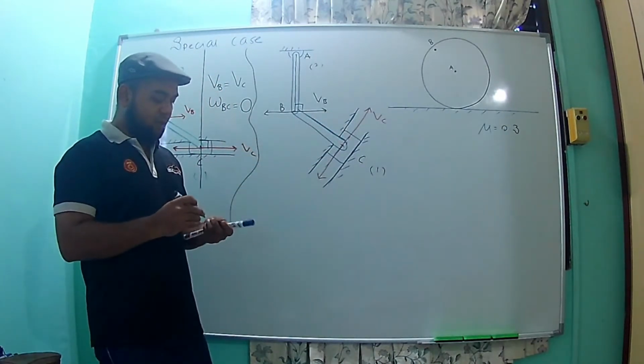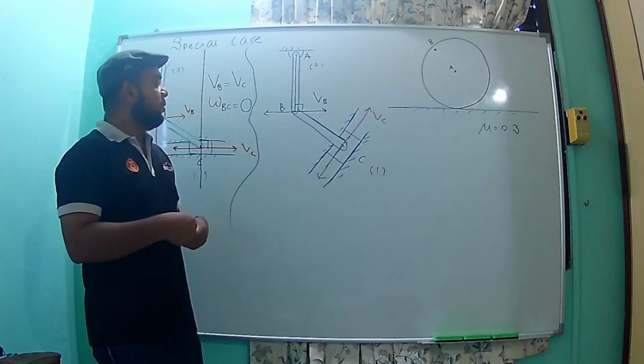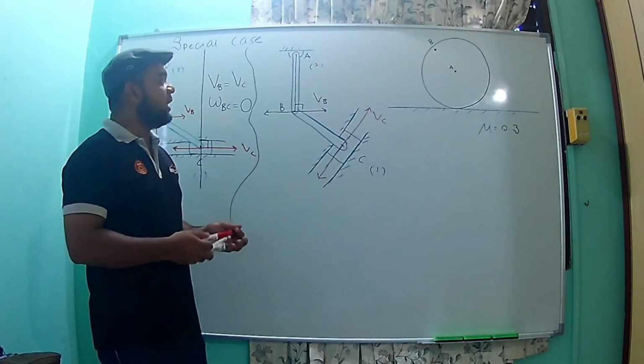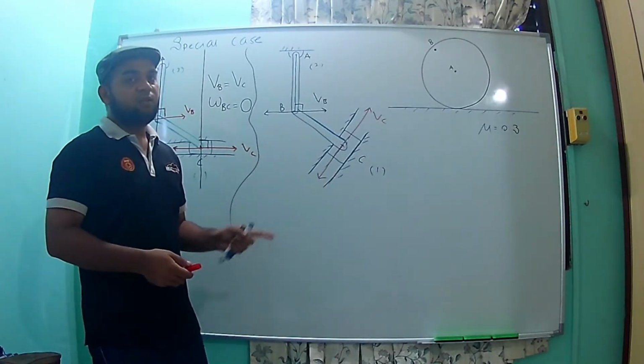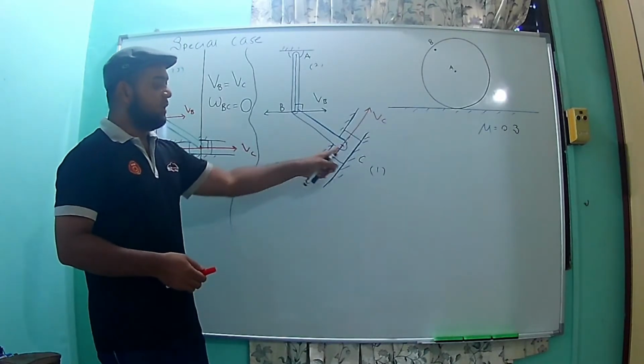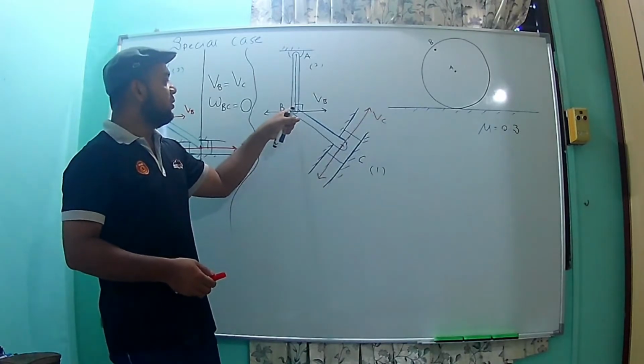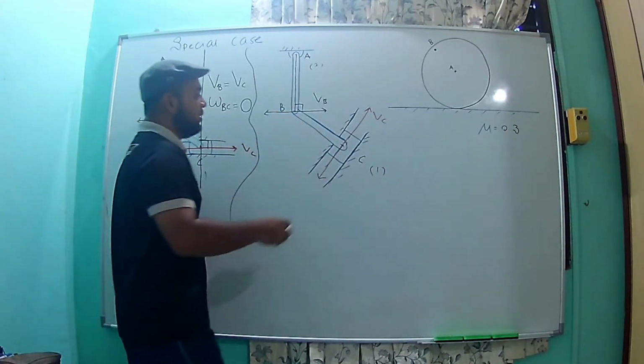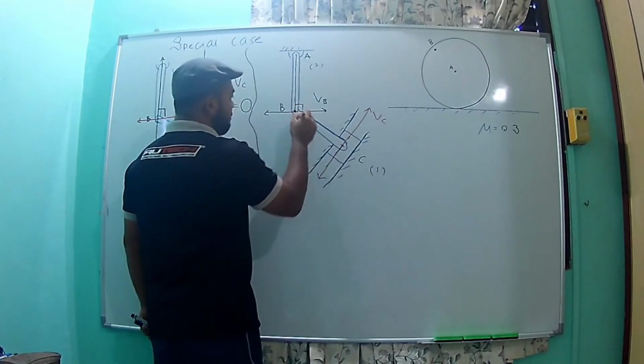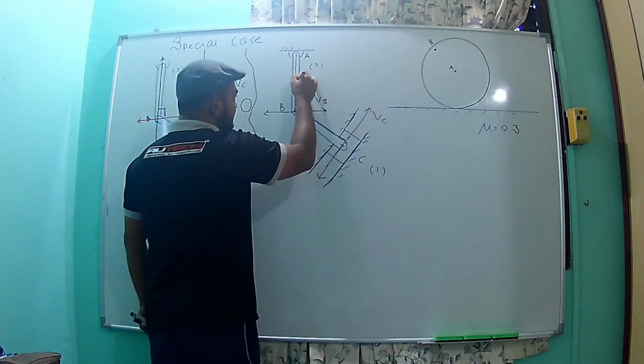Now, to find the I, the instantaneous center of zero velocity, you make a 90 degree line to this velocity and to this velocity, going through those two points. So the first one, you make a line through these two points at 90 degrees, and it becomes the same line.